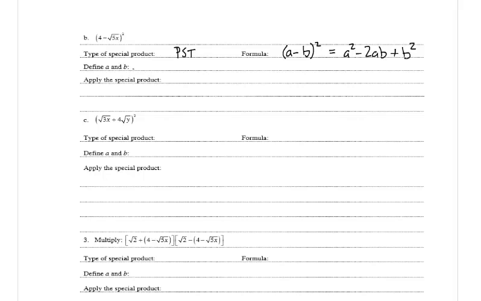And now it wants us to define a and b. And a is equal to 4. b is equal to the square root of 5x.